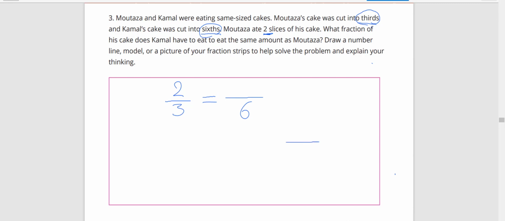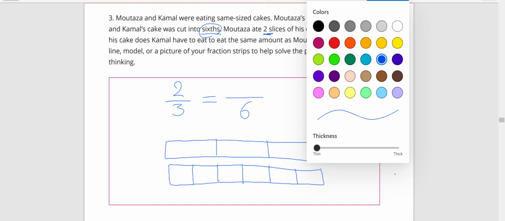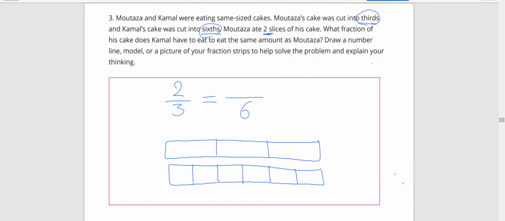If we use fraction strips, the first one is divided into 3 equal parts, and the second into 6 equal parts. In the first strip, we shade 2 parts of the 3 parts.